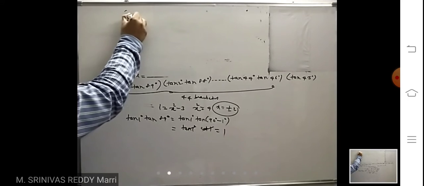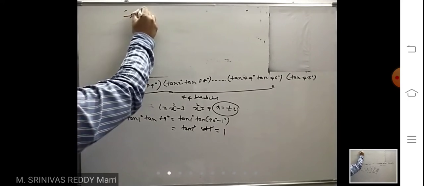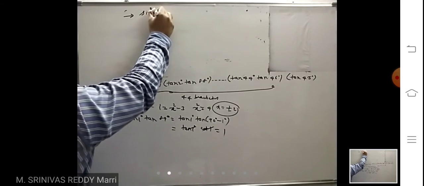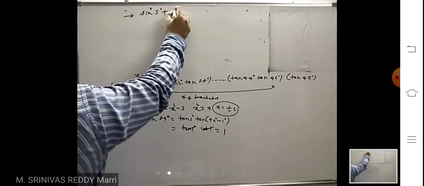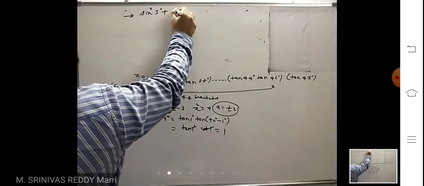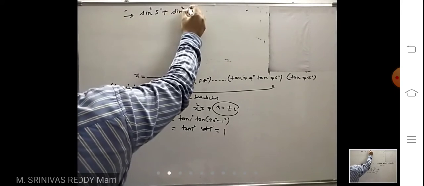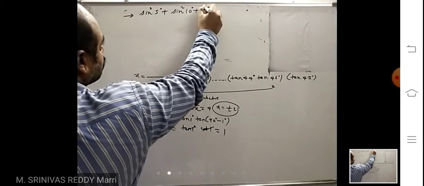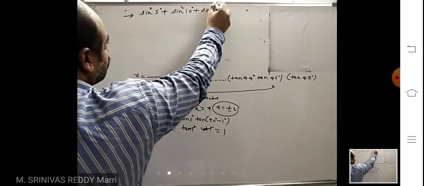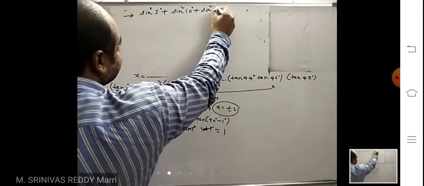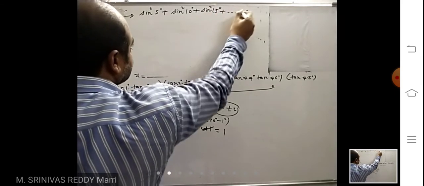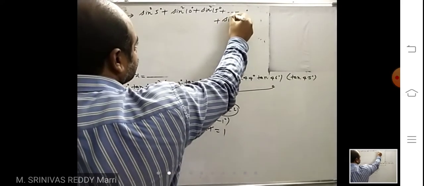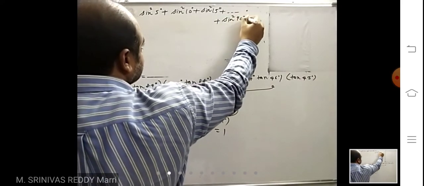Look at, suppose, sine square 15 degree plus and so on, sine square 90 degree equal to dash.